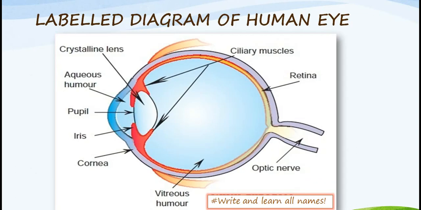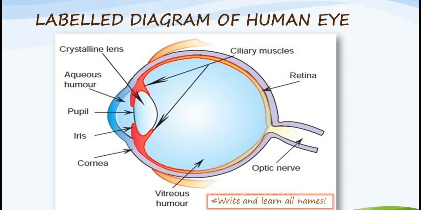So here I have on the screen a labeled diagram of the human eye. You have been studying human eye structure since lower standards. In some standard a very detailed figure is there, like if you see the standard 8 textbook, you will have a very detailed figure, and if you see our textbook, you will find fewer names.